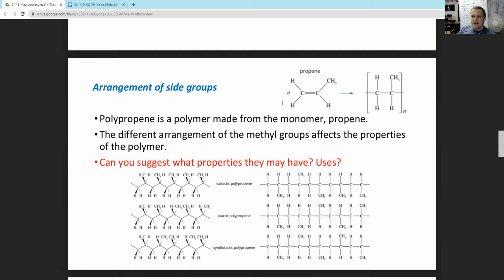So propene has a methyl group. So the arrangement of the methyl groups and how regular that is tells us the use we have for that particular polymer.